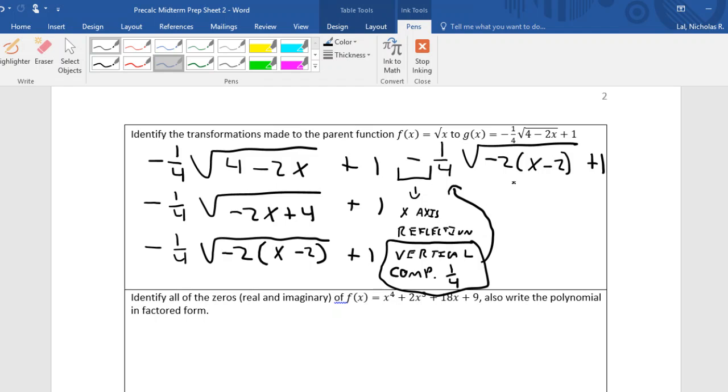What about that negative in the -2? That's a y-axis reflection. So if your factored out term is negative, that indicates a y-axis reflection. And what about the fact that there is a 2 as your coefficient inside of the function?